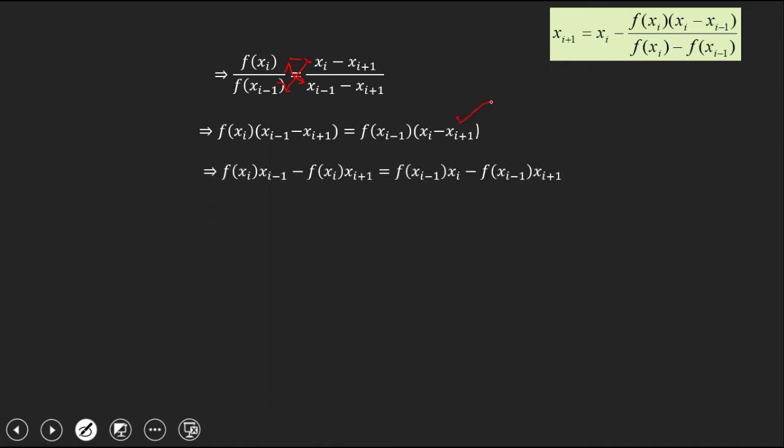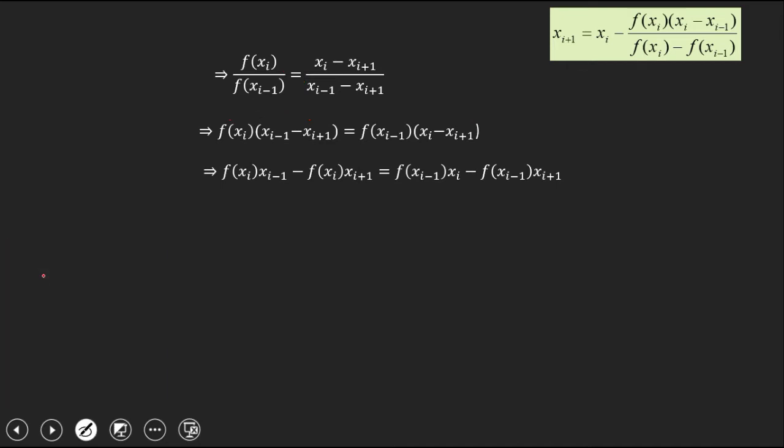After multiplying f of xi to these two terms and f of xi minus 1 to these two, what will we get? We will get f of xi into xi minus 1 minus f of xi into xi plus 1 is equal to f of xi minus 1 into xi minus f of xi minus 1 into xi plus 1.